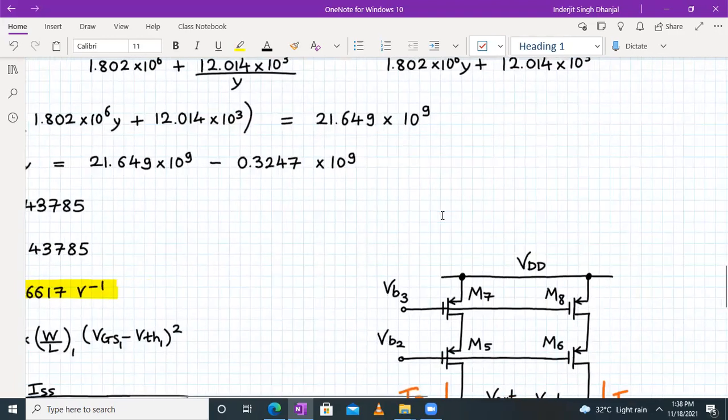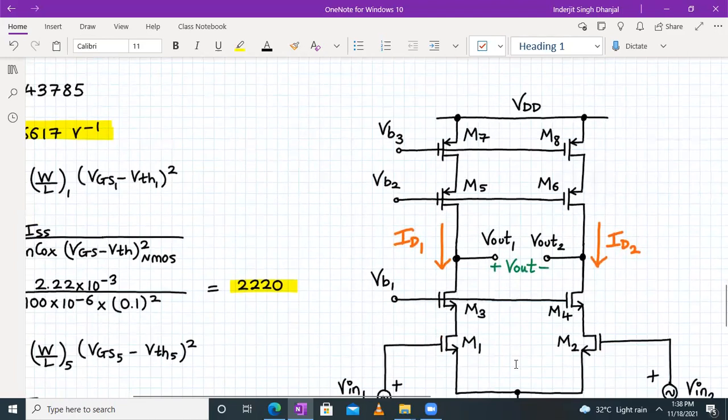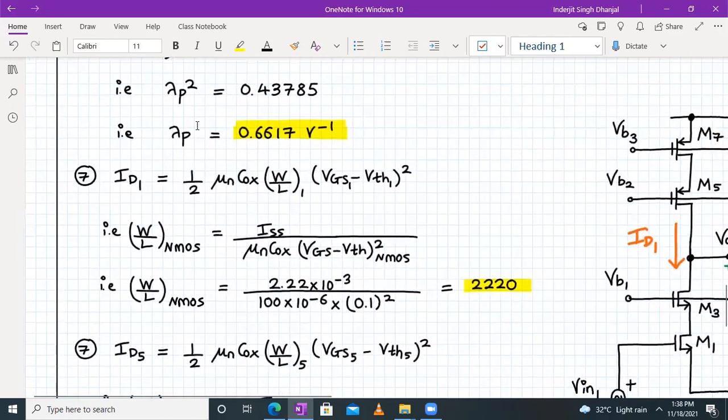Now we want W by L of all the PMOS transistors and W by L of all the NMOS transistors. All the NMOS transistors are from M1 to M4, and PMOS transistors are from M5 to M8. Now we know the value of lambda p.